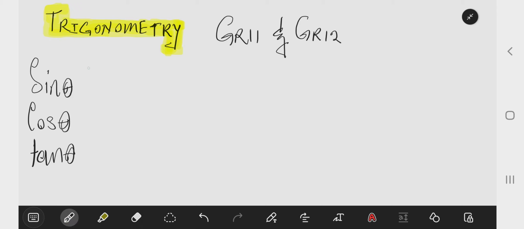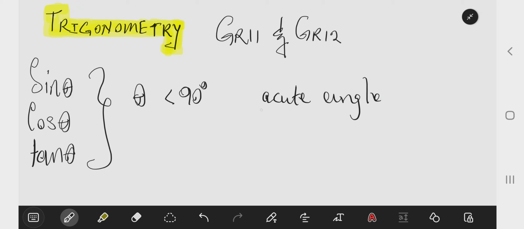But now what you have to note is that for these trigonometric functions, your angle, which is angle theta, should be less than 90 degrees. Then it means theta is an acute angle.